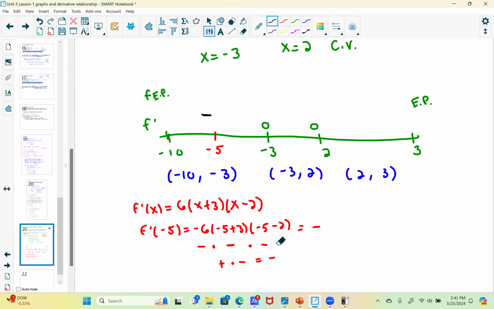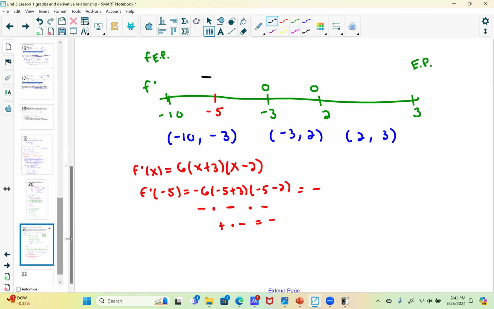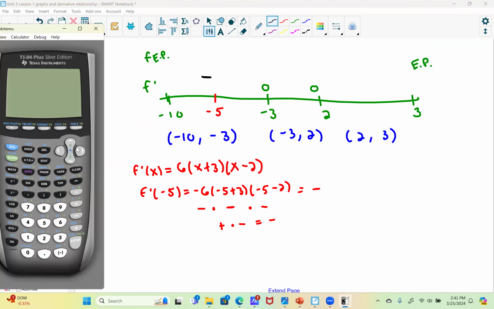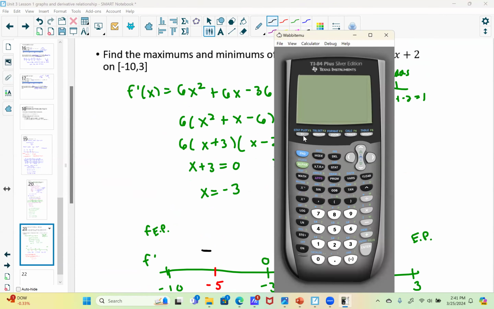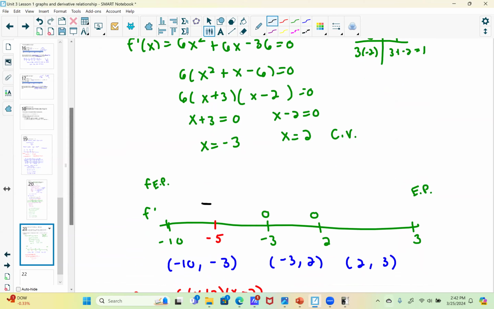If you didn't follow what I did, then you can do what we did in the previous videos: you can just type in your derivative, probably the non-factored one if you're going to do it this way, into y equals. I type that in, go to second table set, and either have it on ask or change it back to all of the values.